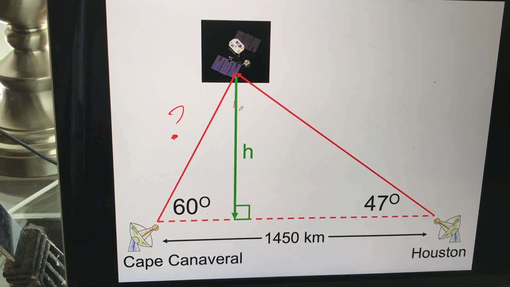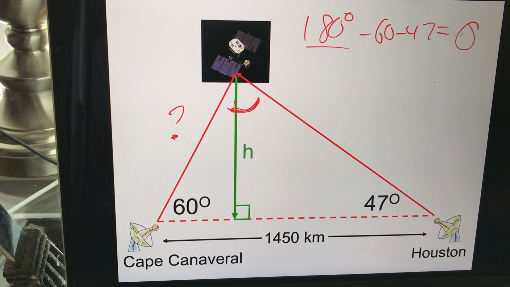Can I look at 60, 47? I can figure out that angle in the big triangle because I know the sum of the angles in a triangle is 180. So 180 take away 60 take away 47 would give me theta up here for the big angle. And then if I knew that angle, I have a side and an angle. I'm trying to find the side and I have an angle.